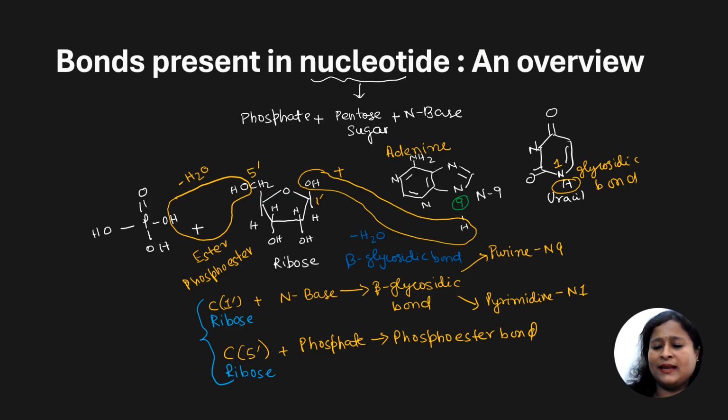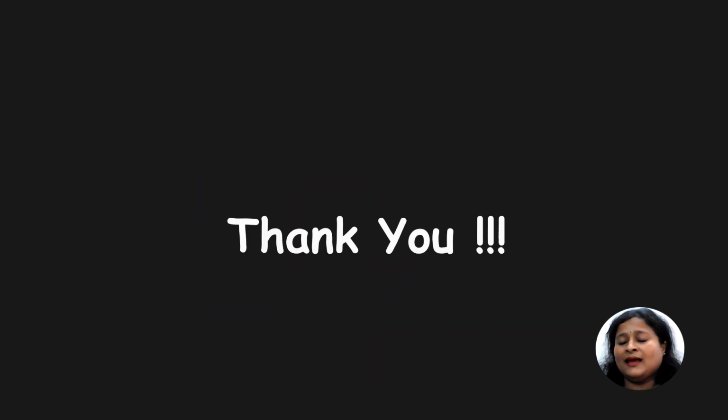With this, we end this lecture session. I hope you got the concepts about what are nucleotides, what are the different components in nucleotides, how to make the structure, how to do the nomenclature, what's the difference between nucleoside and nucleotide, how to write them, what are the different bonds present in nucleotides.